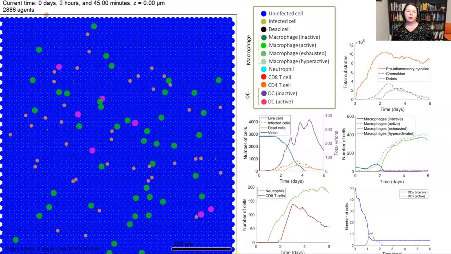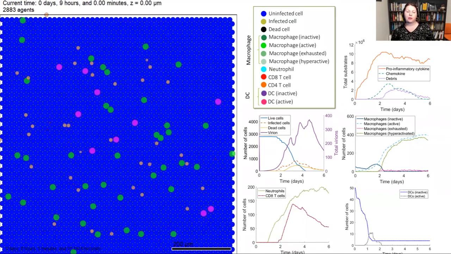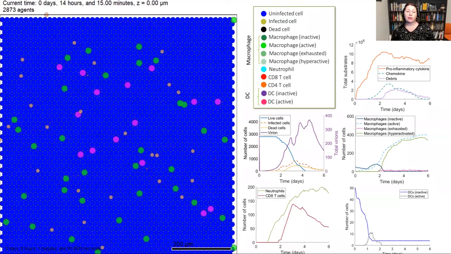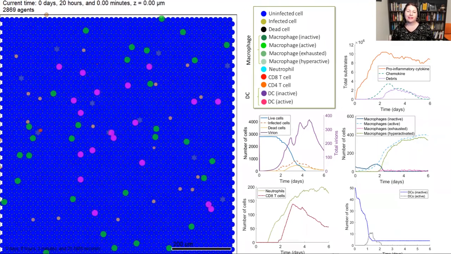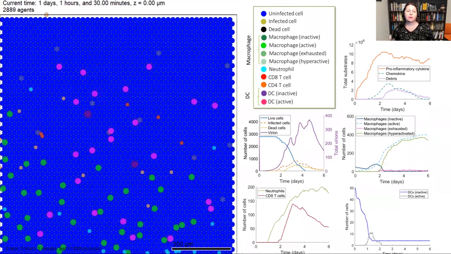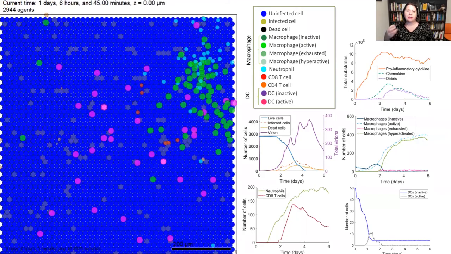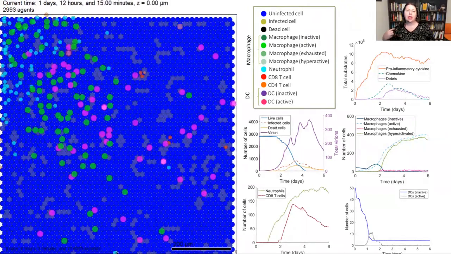We also can consider situations, if we let this go long enough, with the different T cell populations, where we start to see these infected cells, then the immune response is coming in.